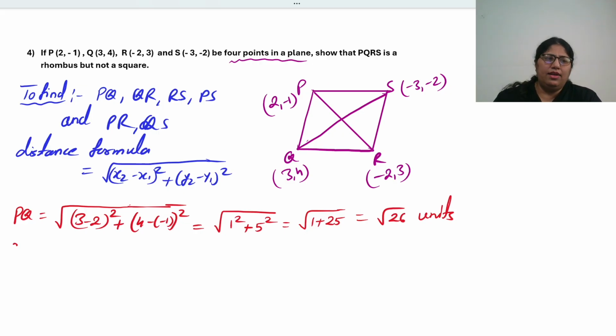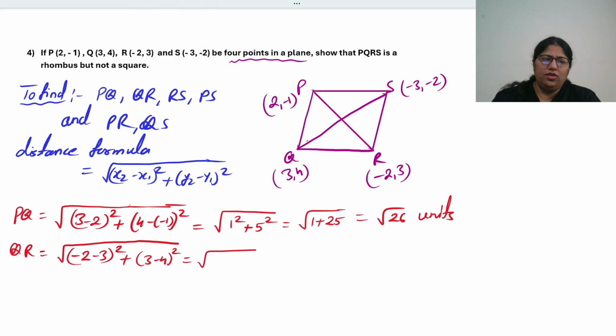After that, let us find the length of QR. Q to R, or R to Q, I can take. If I take Q to R, it is (-2 minus 3) whole square plus (3 minus 4) whole square. Now -2 minus 3 is -5 whole square. Whenever there is a negative value, make sure you use brackets.